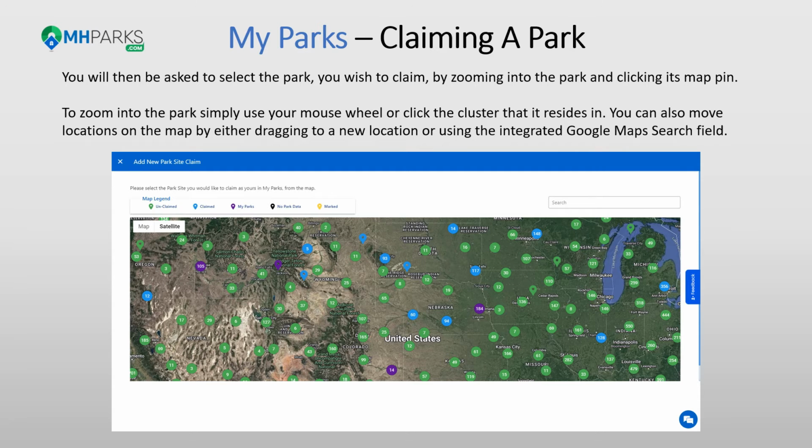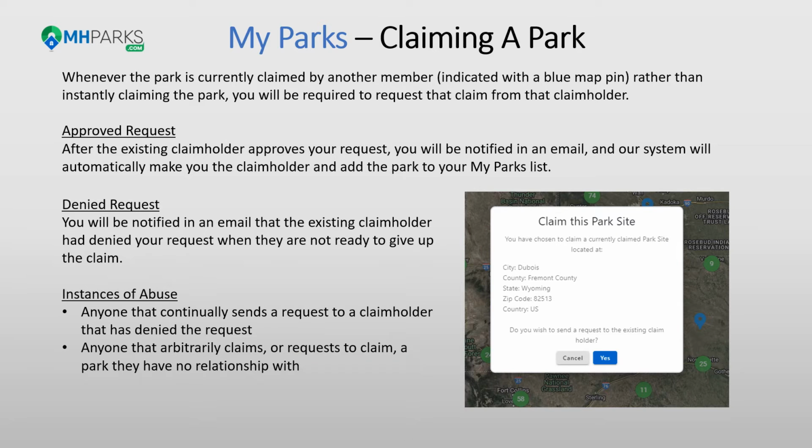So once you've clicked that map pin, you're going to see one of two outcomes. If it's indicated with a blue map pin, which again means somebody else has already claimed that park in Park Sites, you're going to see a message that pops up that says you're going to have to request permission to claim the park from that other person.